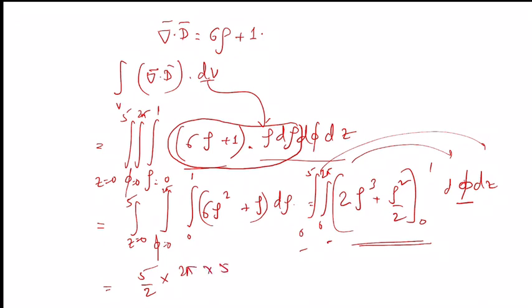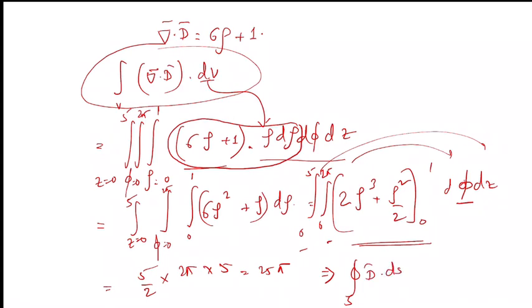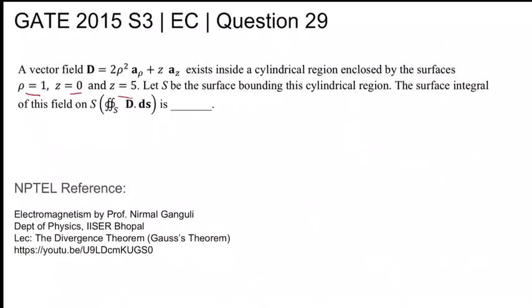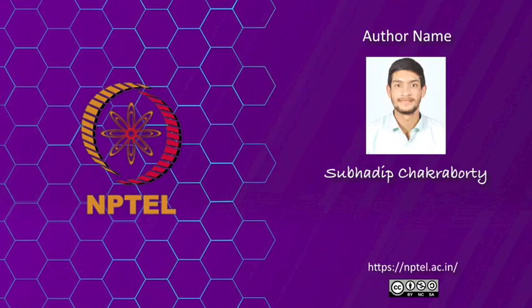So 5 by 2 into 2 pi into 5, which is 25 pi. Since the value of this volume integration comes out 25 pi, the surface integration D dot dS is also 25 pi. Now the answer is coming out as 78.539. So the answer is 78.539. Thank you.